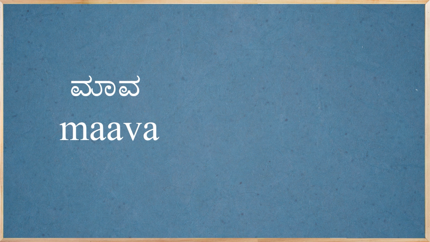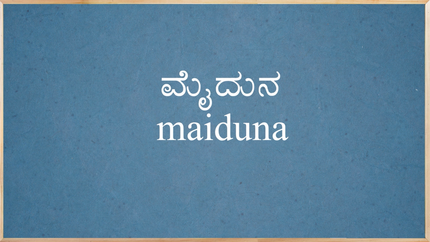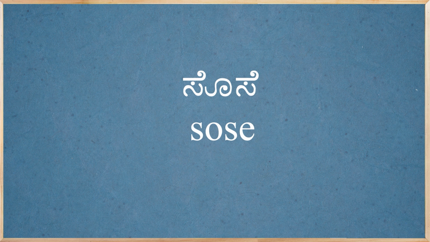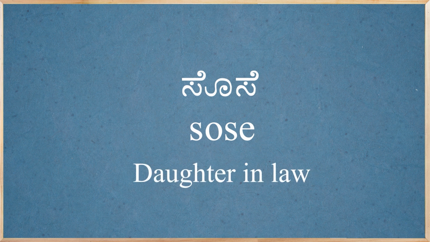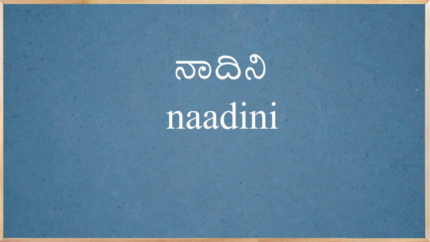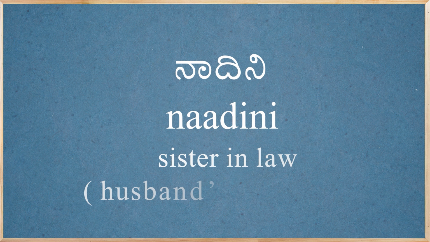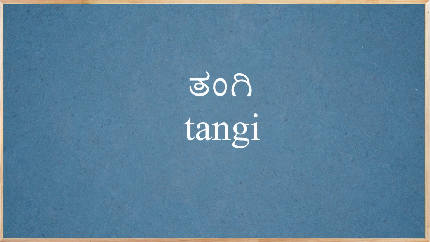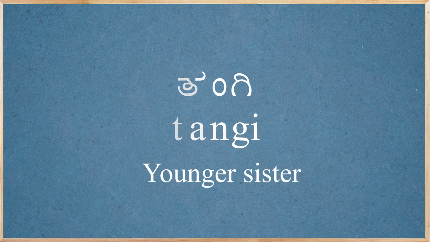Mava, father-in-law. Maiduna, husband's younger brother. Sose, daughter-in-law. Nadini, sister-in-law, husband's younger sister. Tangi, younger sister.